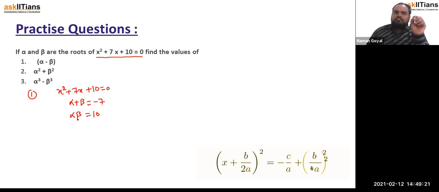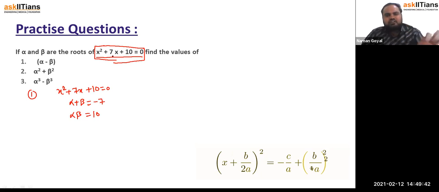Okay, see, the first method is simple. This is a quadratic equation whose roots can be found with the help of middle term splitting, because we need two numbers whose product is 10 and sum is 7. So the numbers are 5 and 2, so you can easily factorize this.